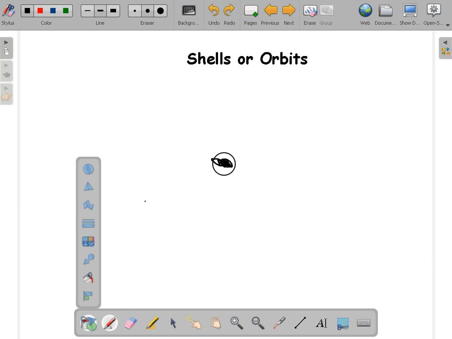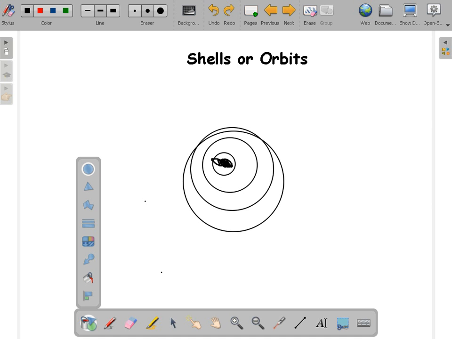Now we're going to have some shells around it. Let's just draw 3. That's gone wrong. Wait 1 second.